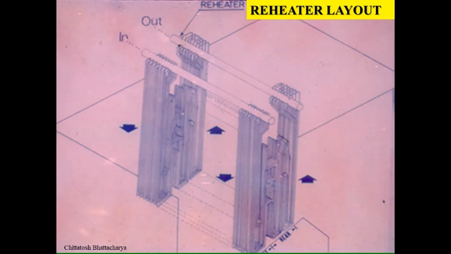Say if the final superheater outlet temperature is 540 degrees centigrade, the reheat temperature is taken back to 540 degrees centigrade, and this superheated steam at lower pressure, that means the degree of superheat is more, is again sent by the hot reheat line to the intermediate pressure turbine for further useful work extraction.